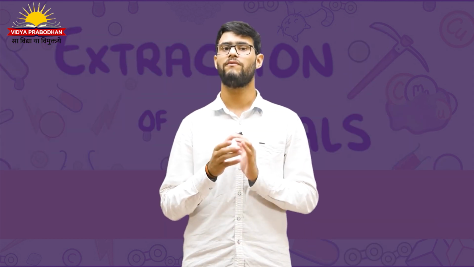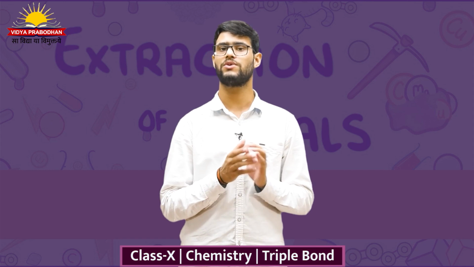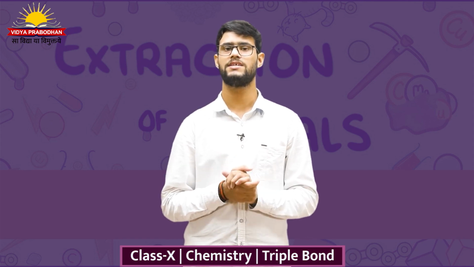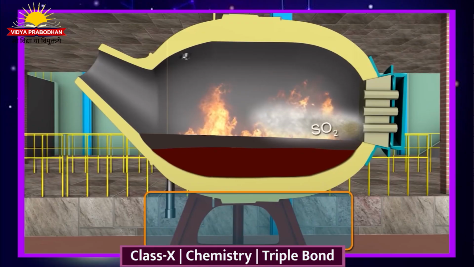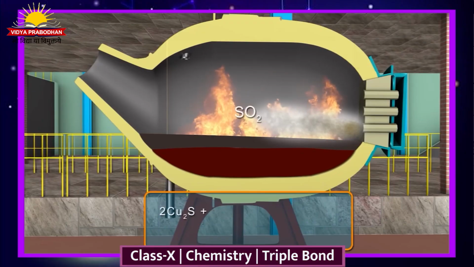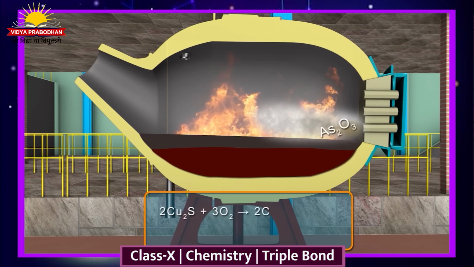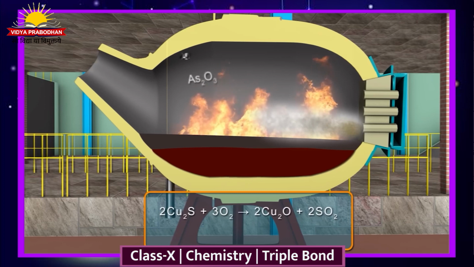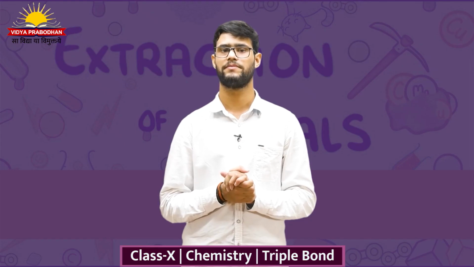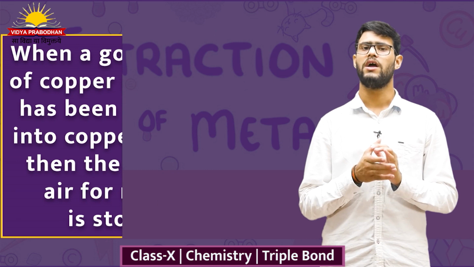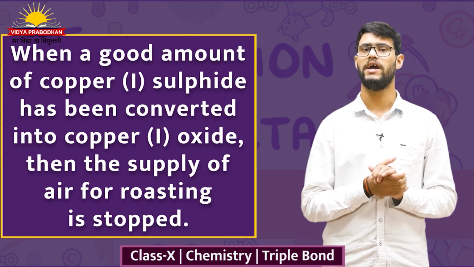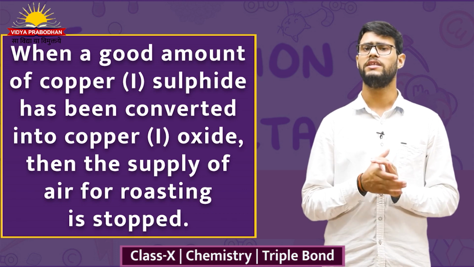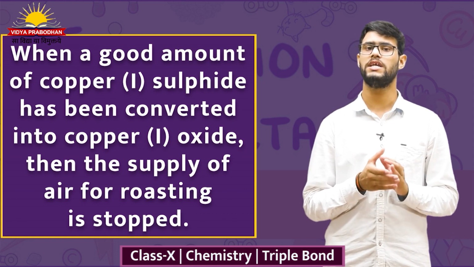The extraction of copper from copper glance ore involves the following two steps. First, the concentrated copper 1 sulfide ore, that is copper glance, is roasted in air when a part of copper 1 sulfide is oxidized to copper 1 oxide. Second, when a good amount of copper 1 sulfide has been converted into copper 1 oxide, then the supply of air for roasting is stopped.